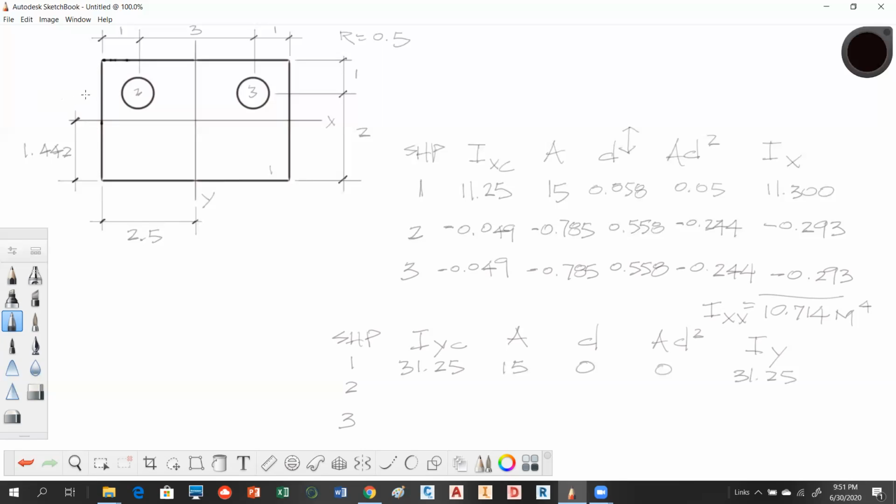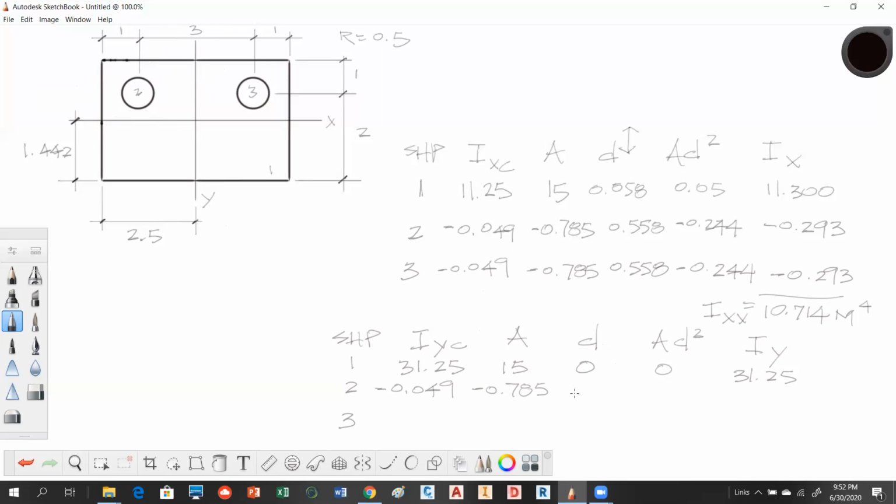Okay, so we look at circle 2. Again, we're looking this way, but with the moment of inertia of circles, it doesn't matter which way you look. So these numbers are going to be exactly the same. We're going to get negative 0.049. Same thing with the area, negative 0.785. Now D is the distance from that one to this, so it's just half of 3 since they're symmetric.